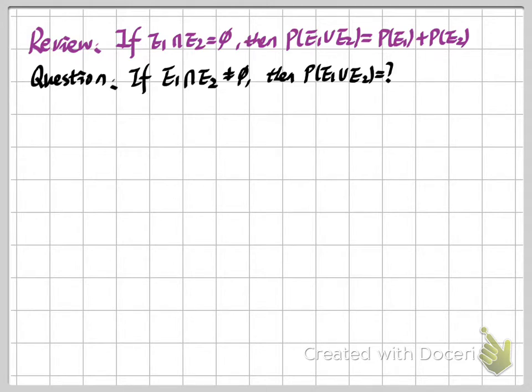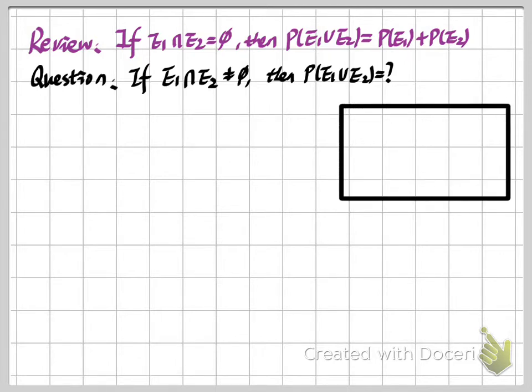To answer this, we can use a diagram to help us compute it. Assume we still use a rectangle to show the sample space, and then we have two circles.